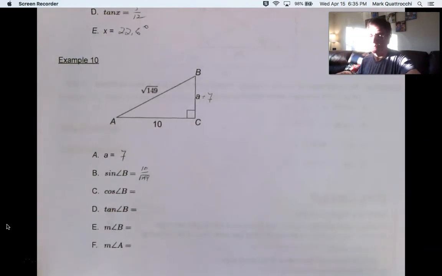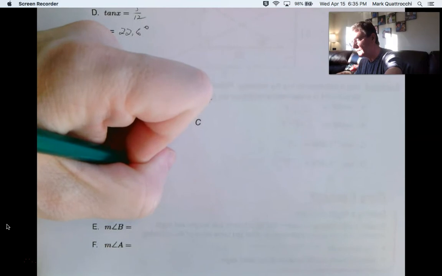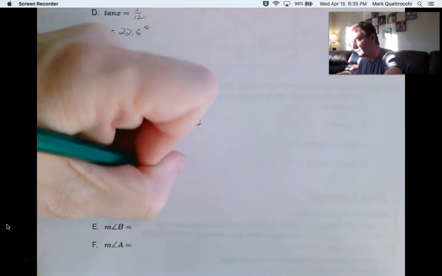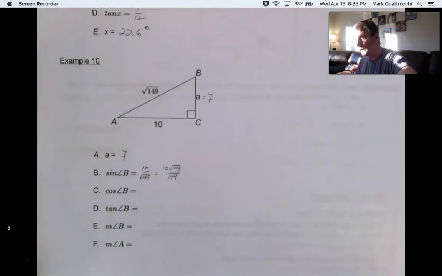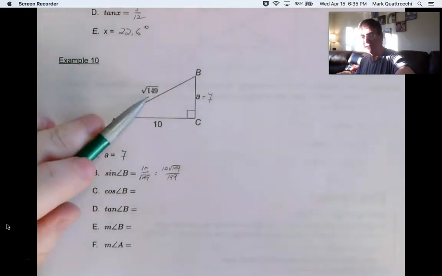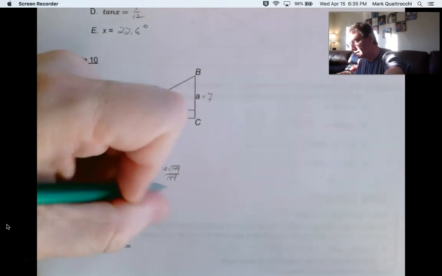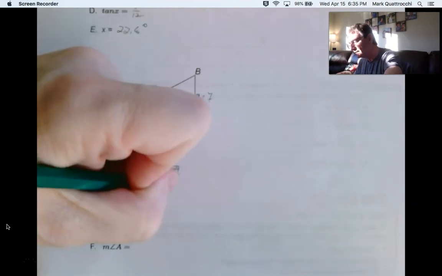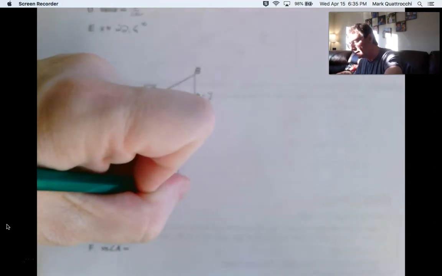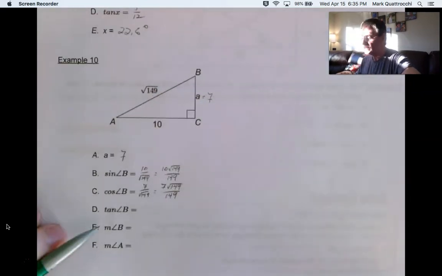Algebra teachers will not let us leave that radical in the denominator, so 10 square root of 149 over 149. Cosine of angle B, 7 over the square root of 149, which becomes 7 square root of 149 over 149. Tangent of angle B, 10 over 7.